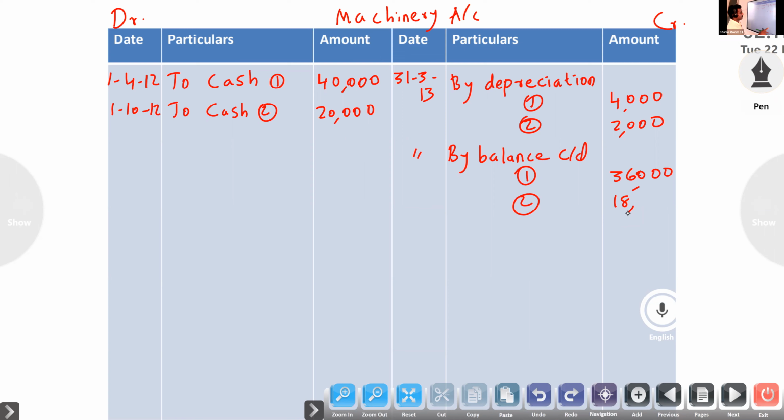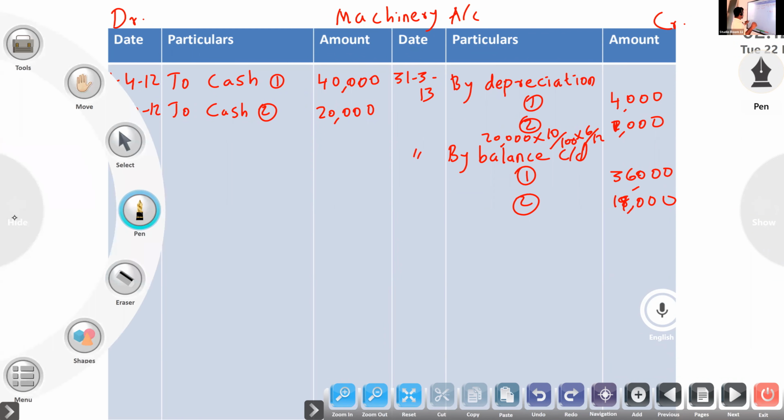Yes. Sorry. Okay. So second one, 1st October only we purchased. So 1,000. Yes. 20,000 into 10% into 6 by 12, 1,000. So here 19,000. Okay. So look, date is very important.